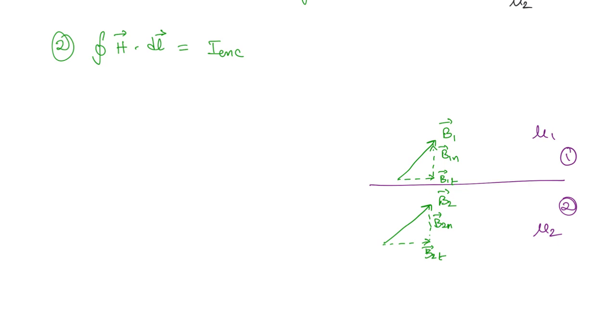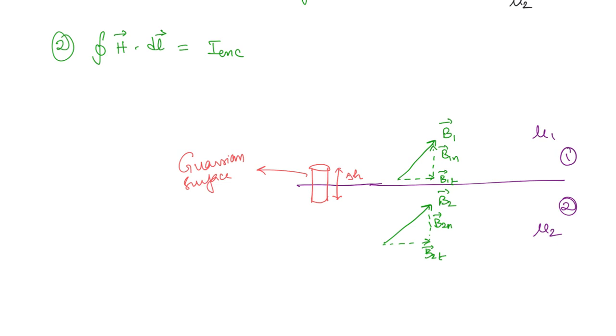So here we are going to take one cylindrical structure. This we are going to call the Gaussian surface. Its height is delta h, which tends to almost 0, that is the Gaussian surface that we have taken.